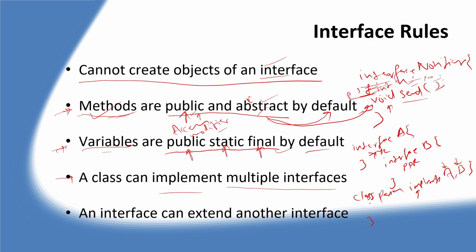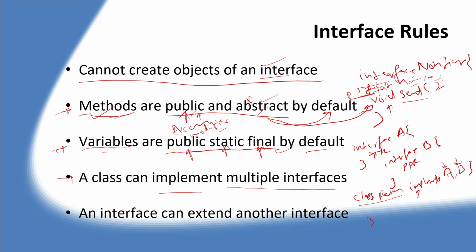So we know the rule, right? Whichever class implements any interface should provide the definition, the method implementation, of all methods present in the interface.